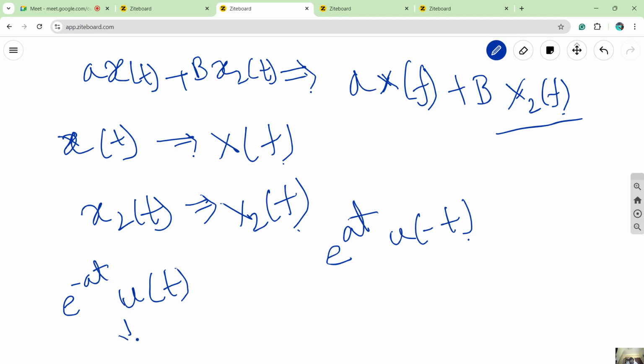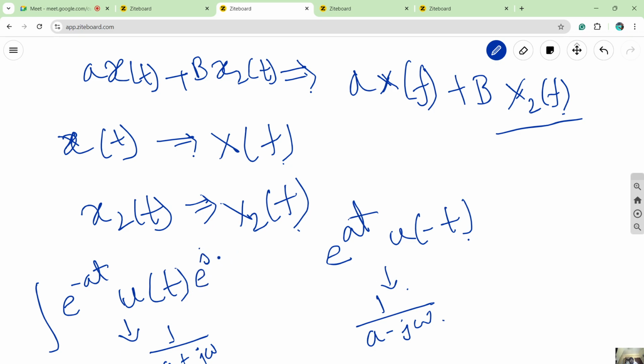So this has a Fourier transformation of 1 by a plus j omega, and this has a Fourier transformation of 1 by a minus j omega. These are very easy. So basically, how do you do? You just calculate the integral of x(t) e to the power minus j omega t dt from minus infinity to infinity. This function just adds up, and you get 1 by a plus j omega term. Similarly, here you will get a minus j omega term.